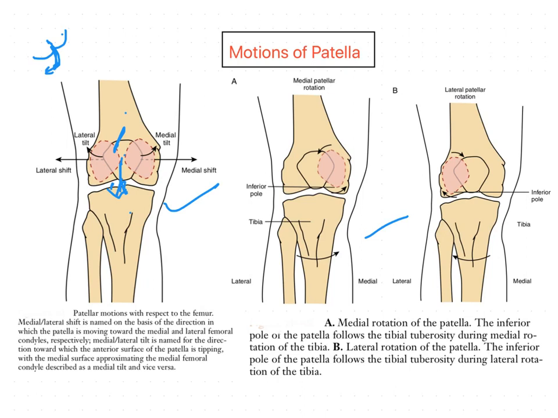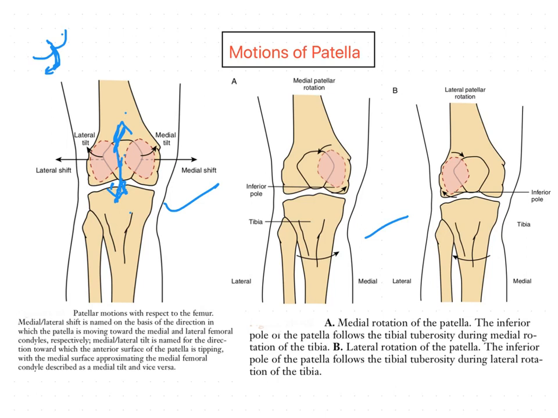Knee extension brings the patella back to its original position in the femoral sulcus, with the apex of the patella pointing inferiorly at the end of the normal range of motion.